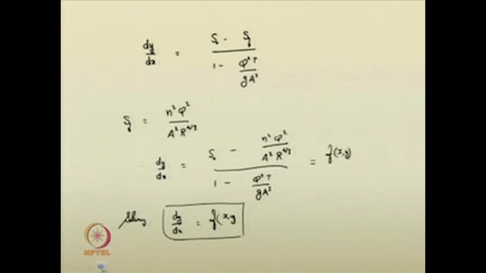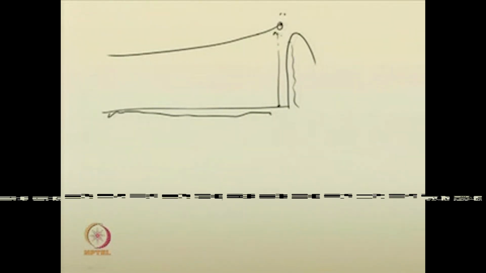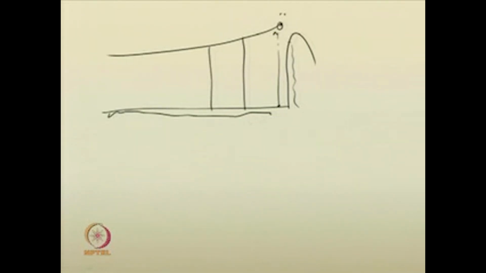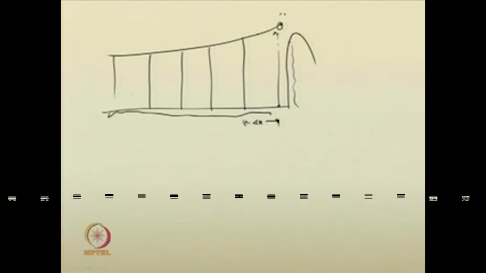In the RK method, say this is the reach of the channel, some dam is constructed here, some gradually varied flow profile is occurring, and this is your control section. Keeping this as the known value, we are now discretizing the entire reach into small reaches, say of del x length. Del x may be uniform or it may be changing.